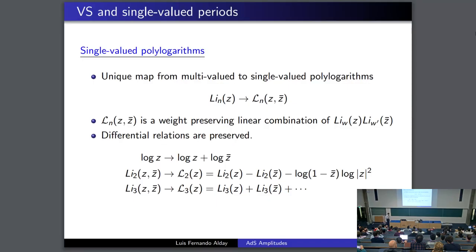And the map is unique provided you put some conditions, and these single-valued polylogarithms, they are now functions of z and z bar. They are weight-preserving linear combinations of Li of z and Li of z bar, and they are such that the differential relations are preserved.